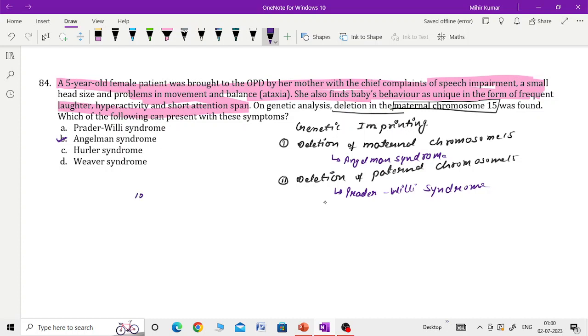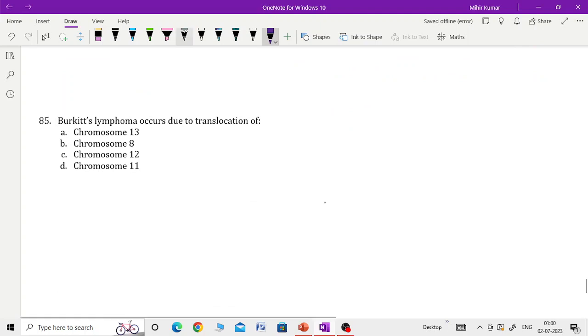That is additional information: band 11 on the long arm of chromosome 15 is deleted in both syndromes, but the syndrome depends on whether a paternal deletion or a maternal deletion has occurred. That is a too easy question, but that is just a memory based question. If you remember, then you are correct, or if you do not remember, then you just mess up this question.